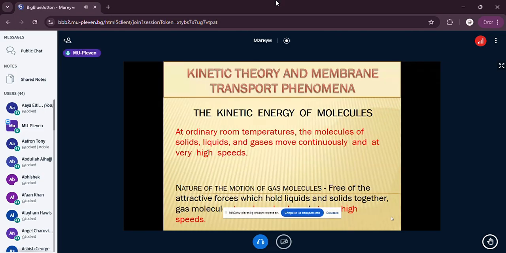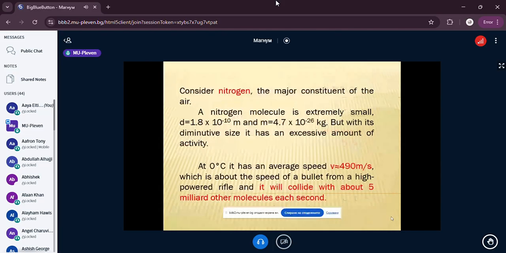Then, just to see, this example is to show what? That gas molecules are in constant motion with enormous velocity, very big velocity. As an example, the nitrogen molecule is taken, which is a substantial constituent.